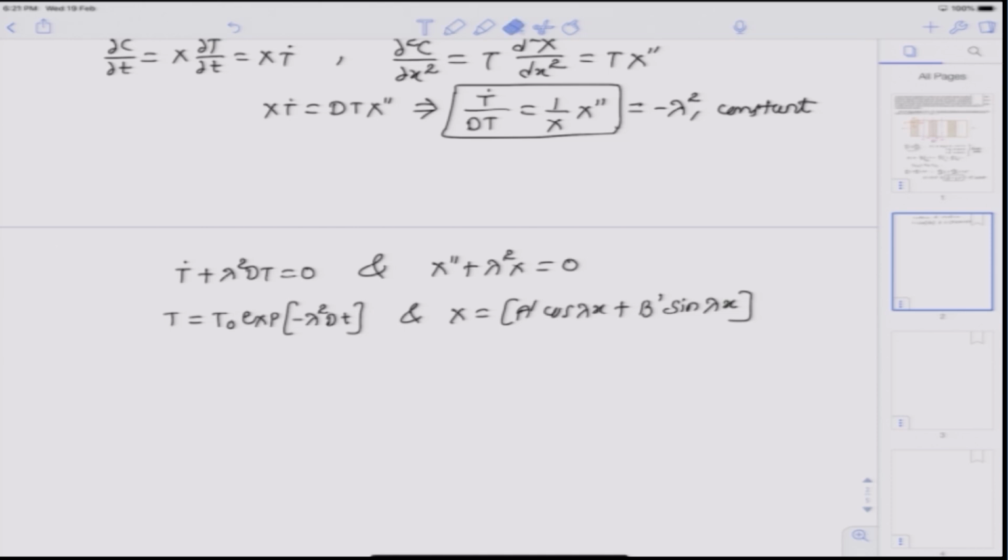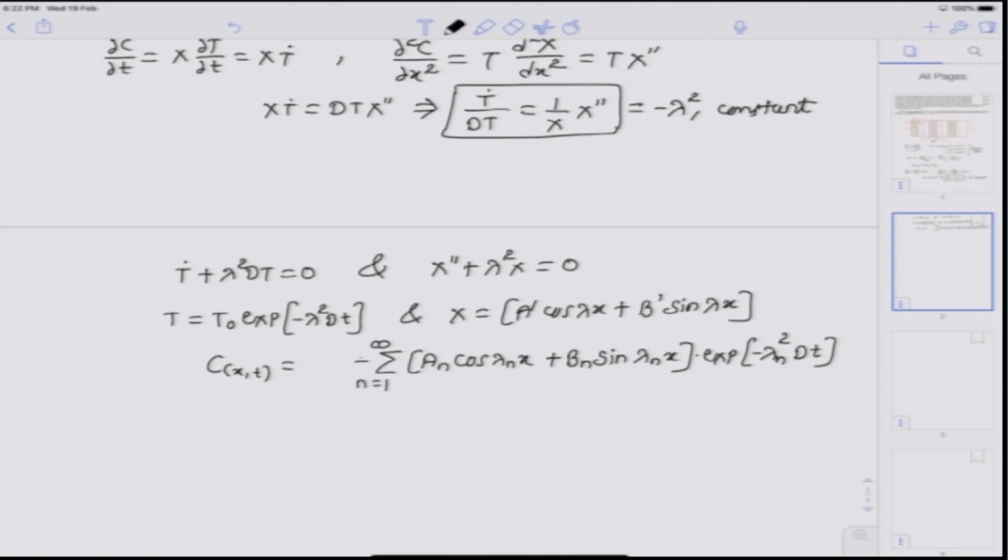So, we can express the function C of x, t in the form of a series as C of x, t is equal to summation of a_n cos λ_n x plus b_n sin λ_n x times exponential minus λ_n² D t, n here varies from 1 to infinity, plus a_0. a_0 is the value of a_n at λ_n equal to 0.